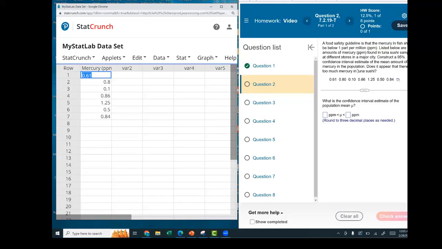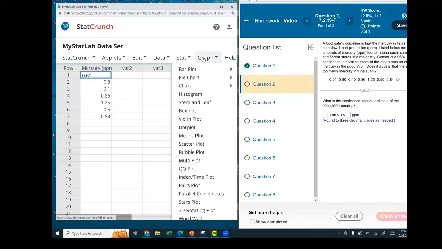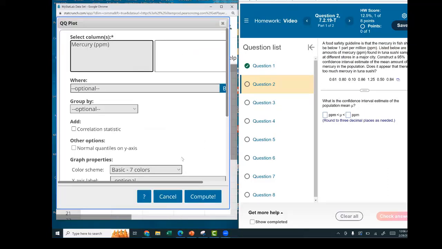Well, okay, so let's look for our requirements. Well, we know it has to be below 1 part per million. It really doesn't tell me anything, does it? How about if we use that graph, that QQ plot on the mercury, and I like putting a correlation statistic in there.